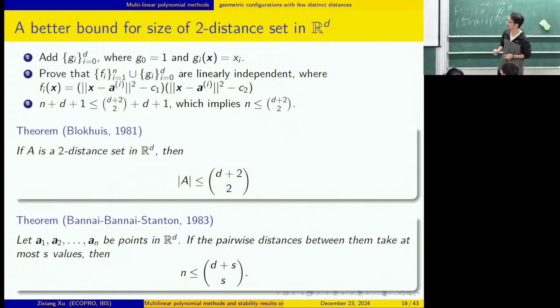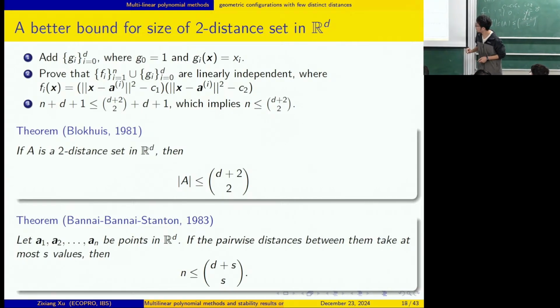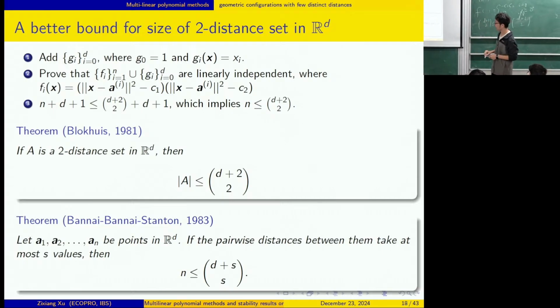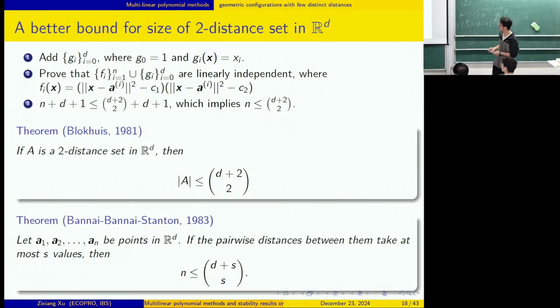This was first discovered by Blokhuis. And later Bannai and Stanton generalized his idea to the s-distance set.